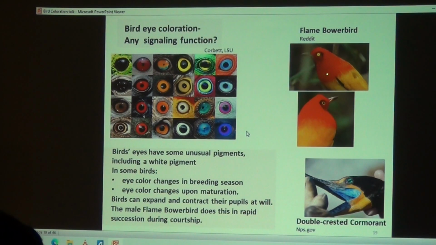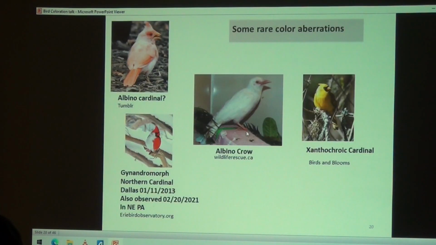And here is a flame bowerbird, and as part of its courtship ritual, it will successively expand and contract its pupil. So that one function we know for sure, and in cormorants and birds like it, that eye color most likely is a sexual signal.